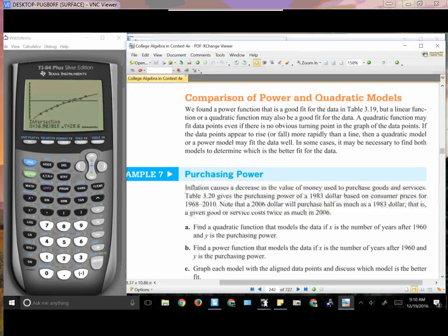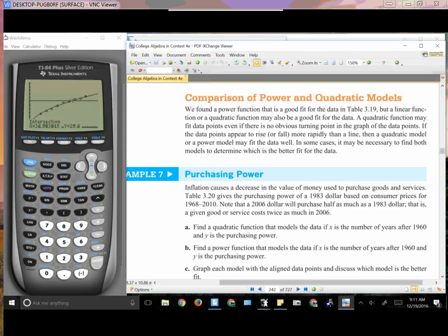Okay. Now it does talk about here which ones are which. Found a power model that is a good fit for data, but a linear function or quadratic function might also be a good fit. Now it says a quadratic function may fit data points even if there is no obvious turning point in the graph. If the data points peter out or rise or fall more rapidly than a line, a quadratic model or a power model may fit the data well.